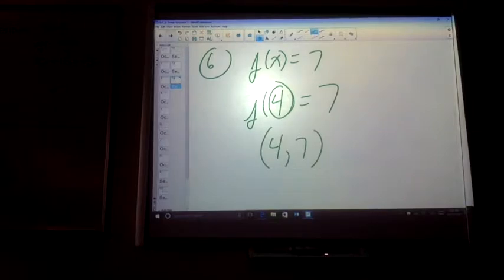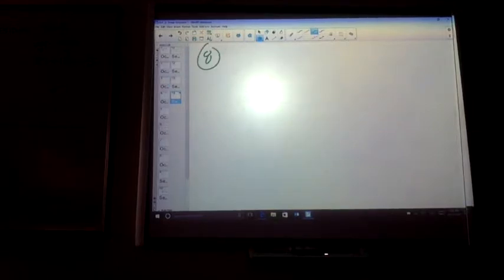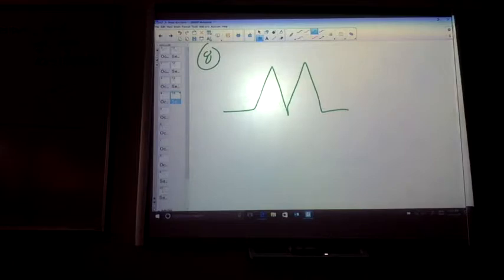All right. Number 8. So you have some graph that does this, right? I might not be exact, but that's for the most part what we have. So they ask us for each function, determine each function at x, state the domain and range, state the x interval for which the function is positive, and the x interval for which the function is increasing.